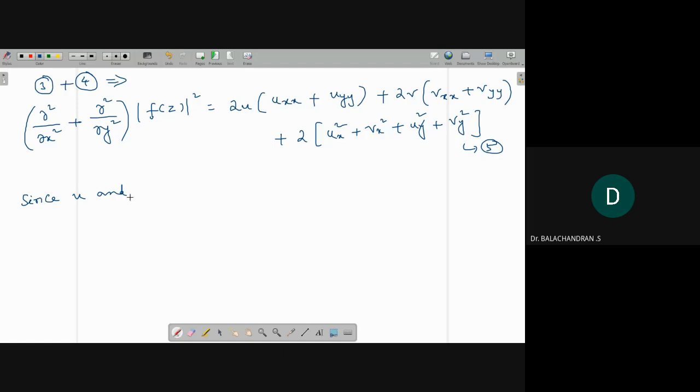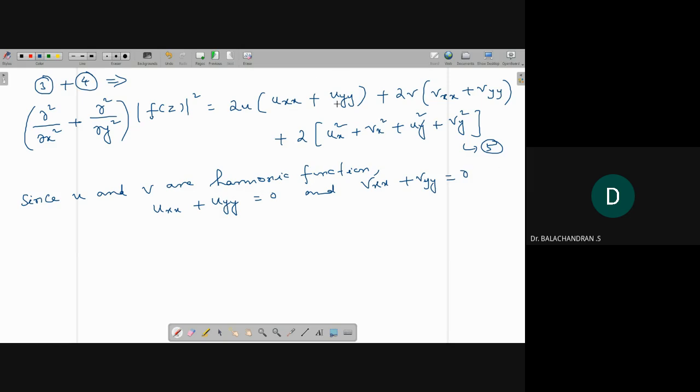So since u and v are harmonic functions, uxx plus uyy equals 0 and vxx plus vyy equals 0.